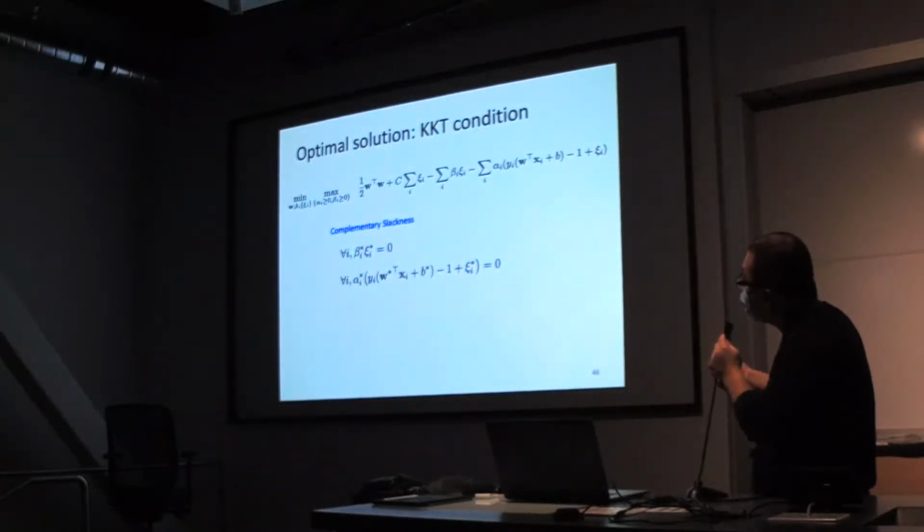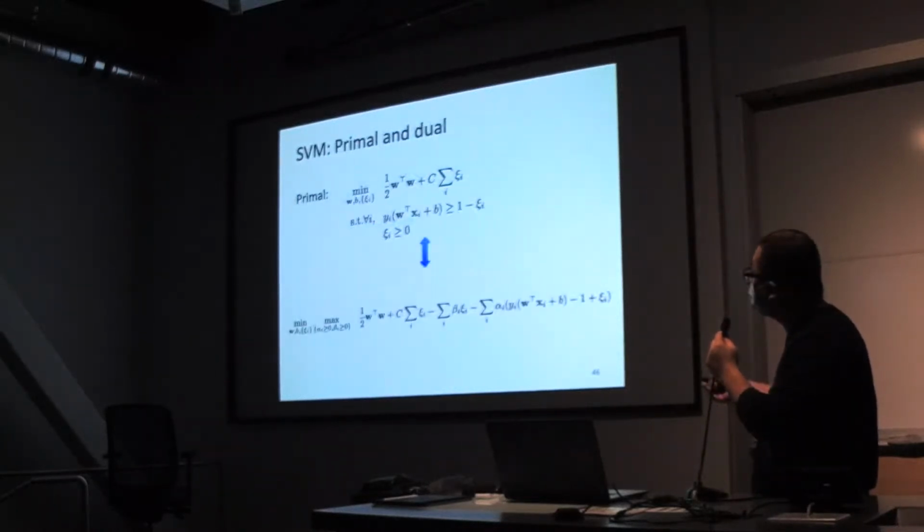So for each training example i, beta_i star times xi_i star equals 0. And for each alpha_i star, we have alpha_i star multiplied by this constraint function. Remember, the constraint function is the function margin subtracted by 1 plus the slack variable. Okay? So it comes from here.